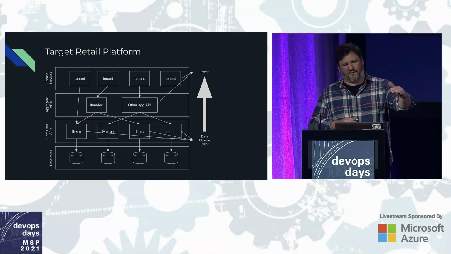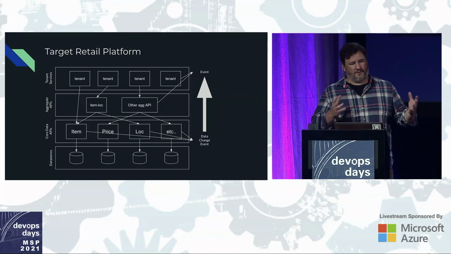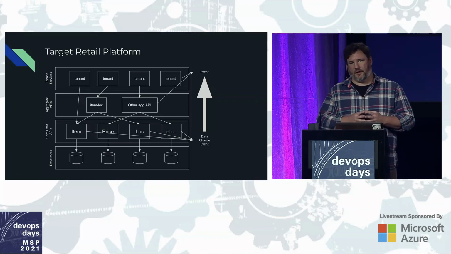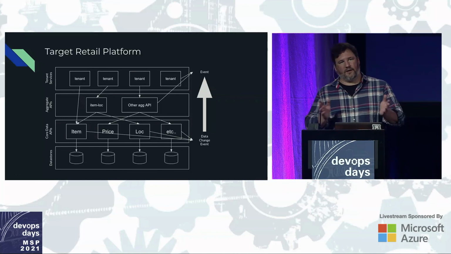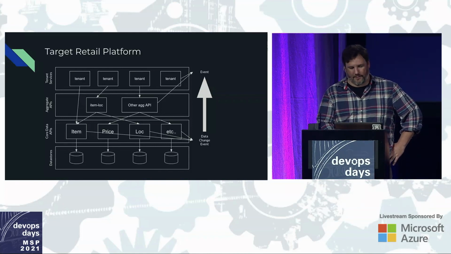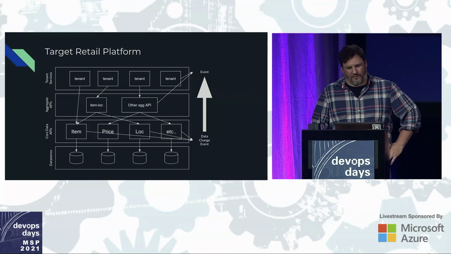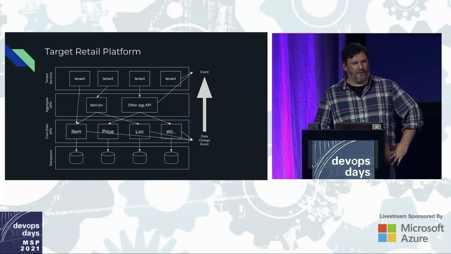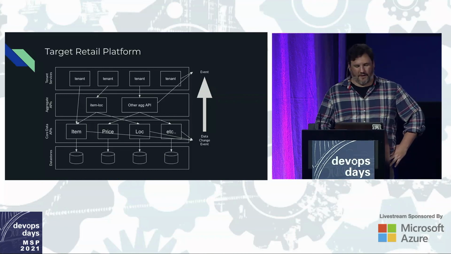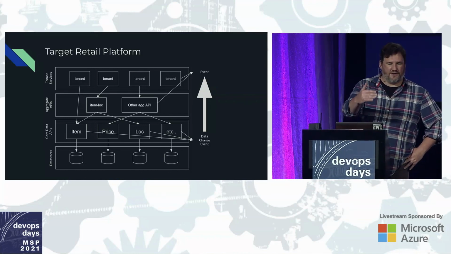At the mid-tier stage, you can see that we have aggregate APIs. Aggregate APIs are essentially responsible for talking to one or more core data and then giving that data back in a unified model. And at the top are the tenant services, which ultimately consume and make use of this. This is where the features live and the features come from. Now on the right, you can see a change event has taken place.